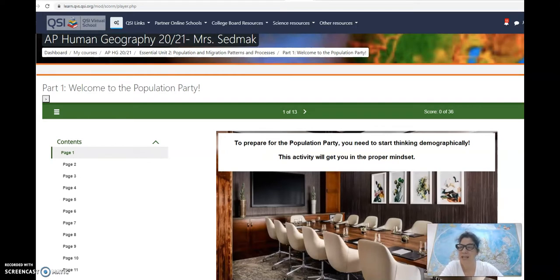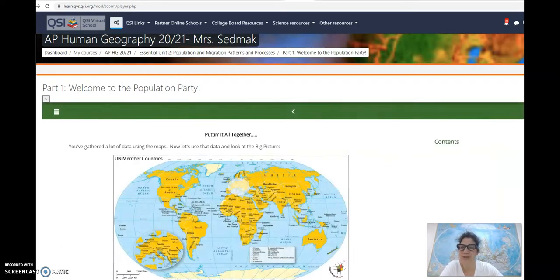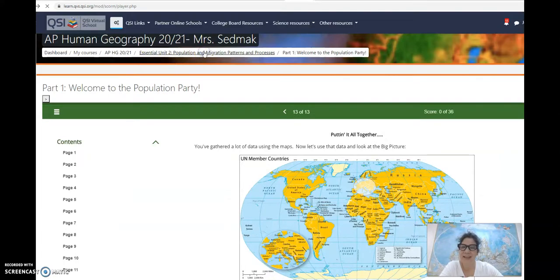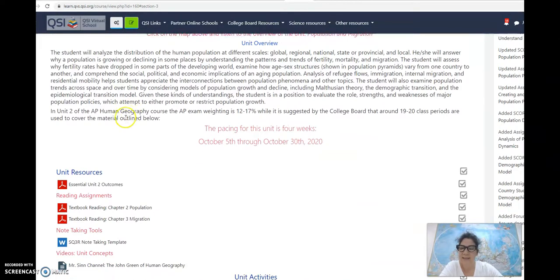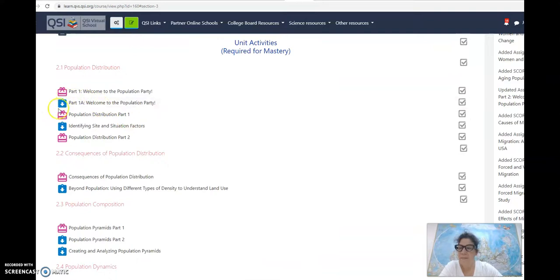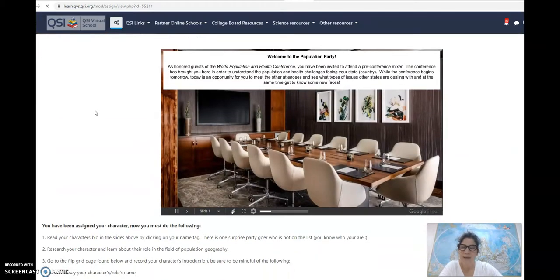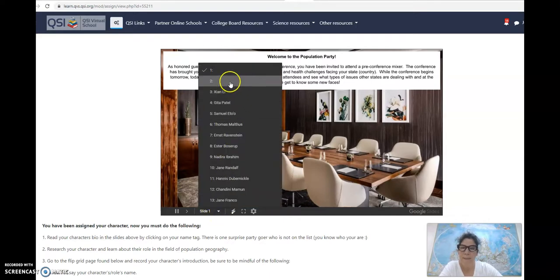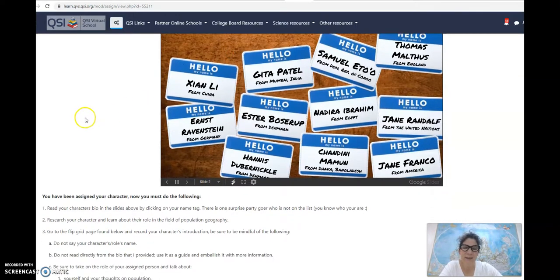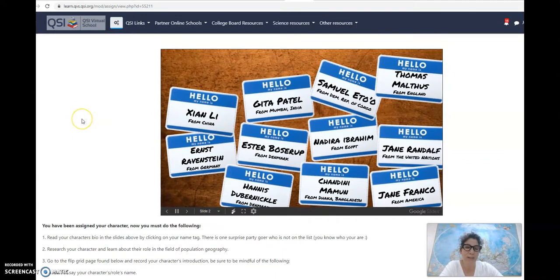So then let me take you back to the main course page and let's take a look at the next activity in this week. This is the second part of the population party. If you open this, here is where you can gain access to the different roles. So I'm going to move on to the next slide here. In the next slide, these are all the different people who are going to come to our population party.